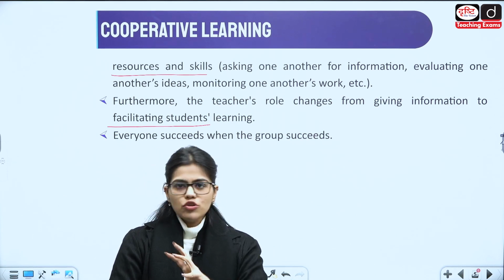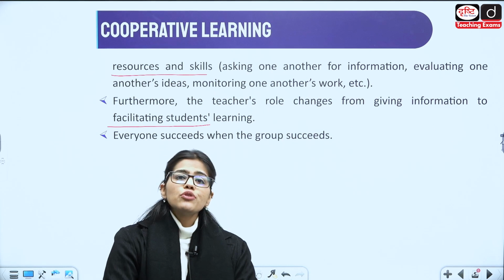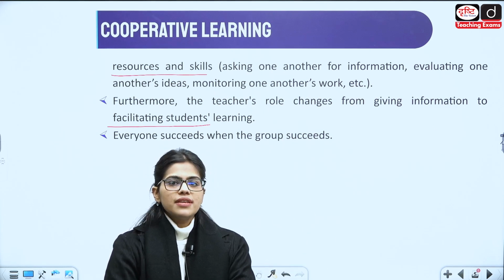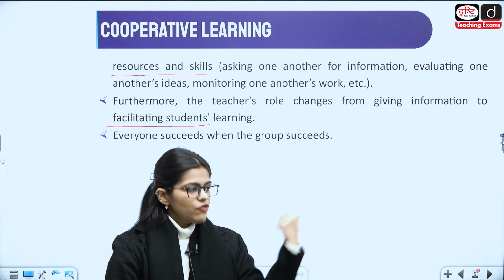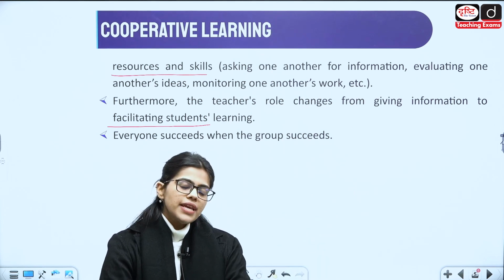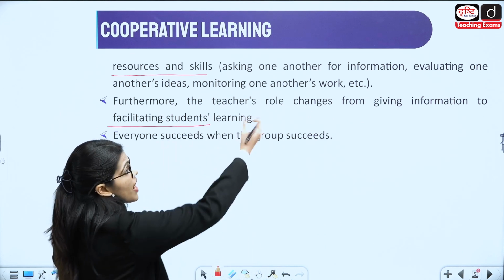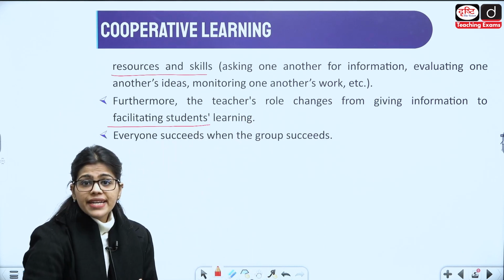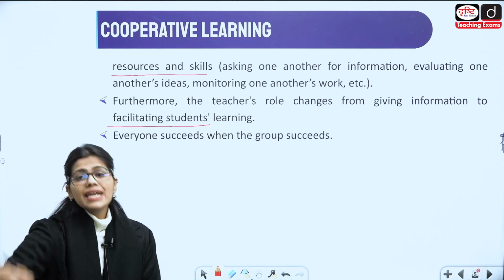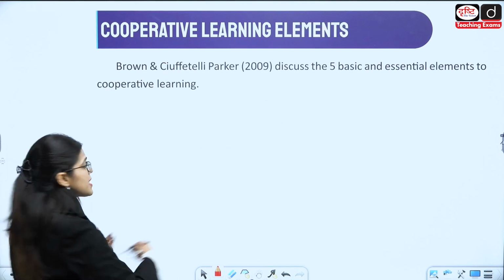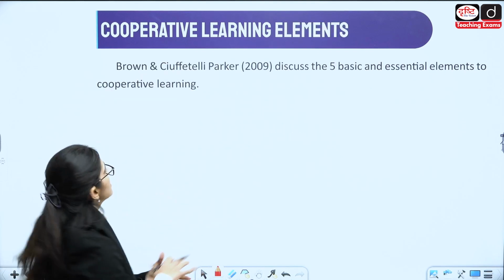All of you will bring some information together and then discuss those things. I'm the facilitator. I gave you the question. You are doing your homework, bringing your own inputs, ideas and information, and evaluating those things. The product would be something very good out of it. This is how when the whole group succeeds, everyone succeeds.